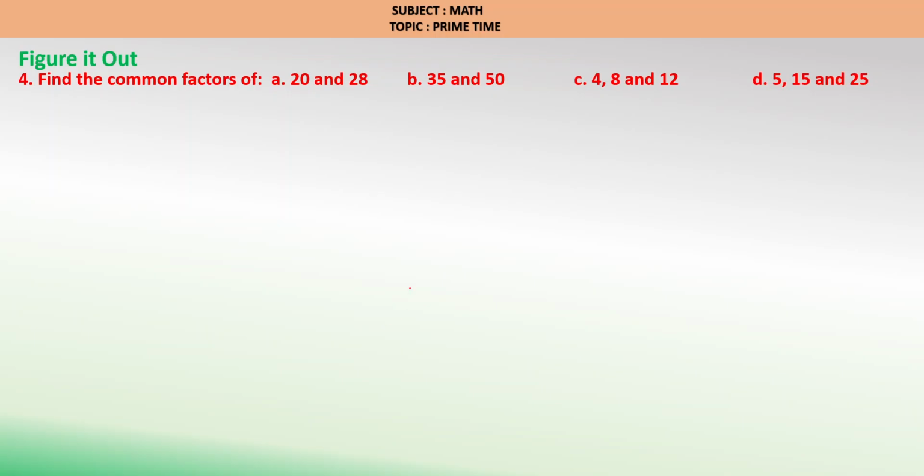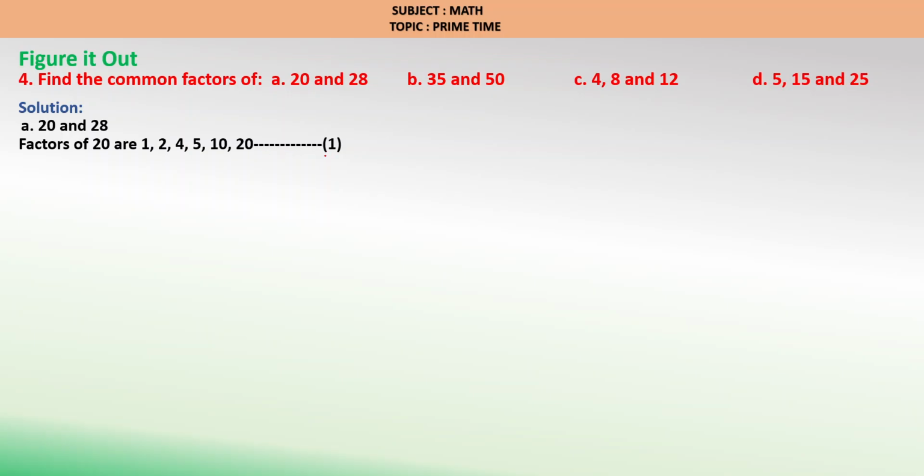Find the common factors of 20 and 28, 35 and 50, 4, 8 and 12, 5, 15 and 25. Solution. Let us see the first question, 20 and 28. Factors of 20 are 1, 2, 4, 5, 10, 20.